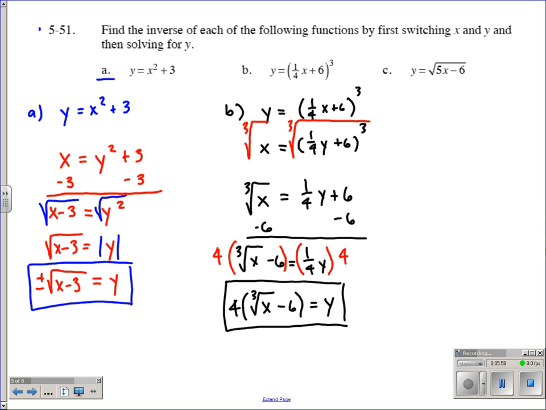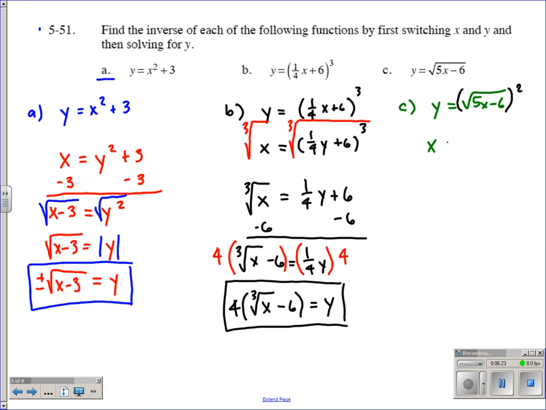Now let's do the last one here. Let's go into C. We've got y equals the square root of 5x minus 6. Let's undo the square root of 5x minus 6 by squaring each side. Oh wait, look, I made a mistake, right? What did I forget to do? That's what happens when you rush.